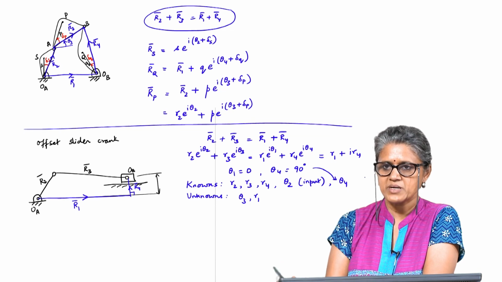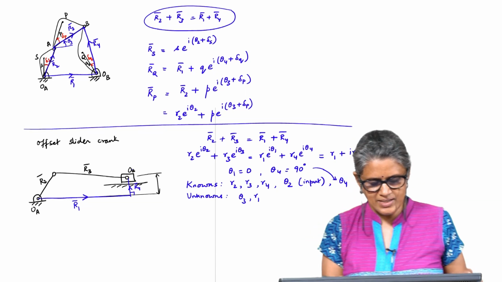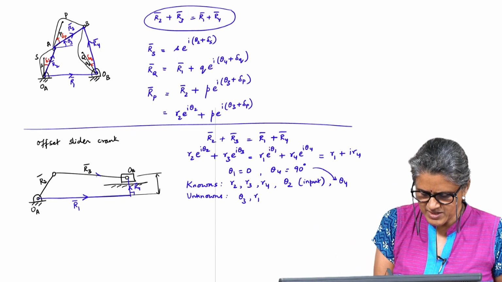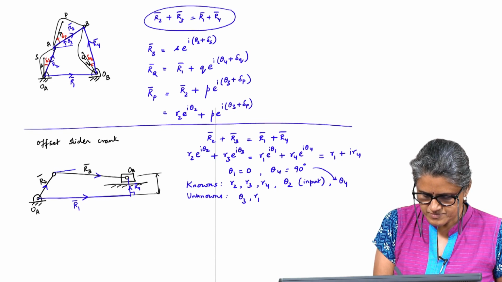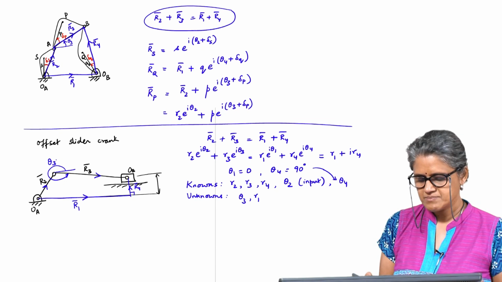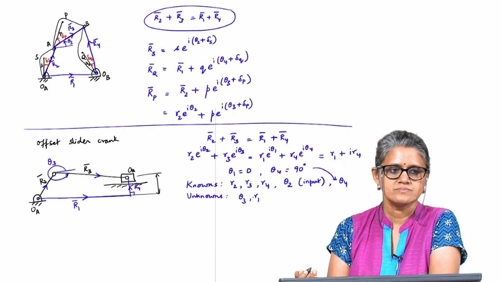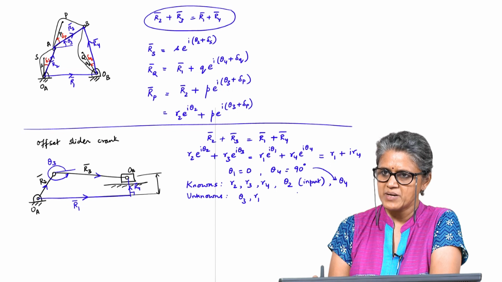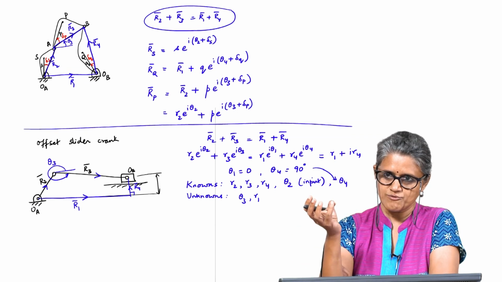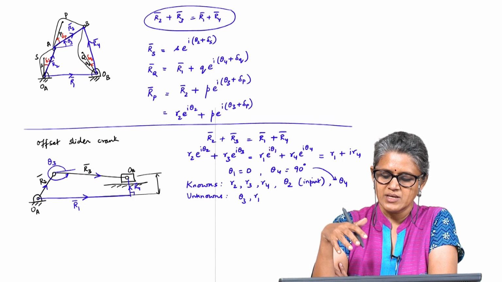So, you are essentially solving for theta 3 and R1. So, theta 3, if I take my vectors like this, this is the angle theta 3. So, again I am not going to do it, you would separate it into the real and imaginary parts and you can solve for theta 3 and R1.